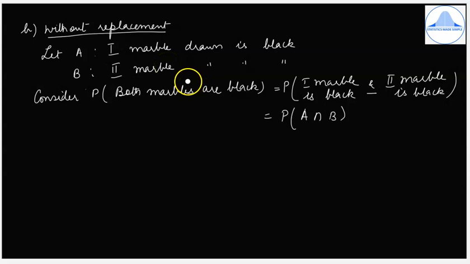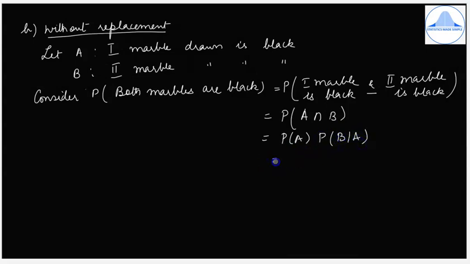So there is a condition here, that is the marble which you are drawing is not put back inside the bag before the second draw is made. So this is based on conditional probability. So using the theorem of multiplication, you will get P of A intersection B as P of A into P of B given A.